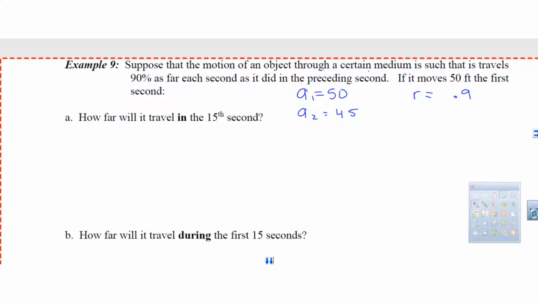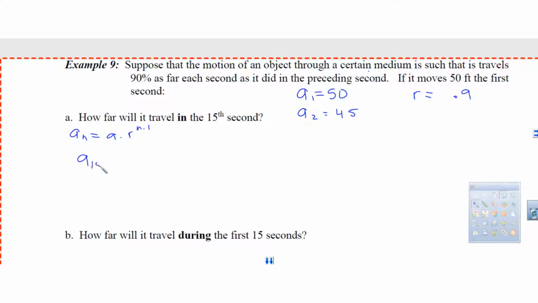Okay? So how far will it travel in the 15th second? Do they want A, or do they want A sub n, A sub 15, or do they want S sub 15? In the 15th second, what is it? A sub n. Yep, A sub 15. So everybody write A sub n equals A times R to the n minus 1.